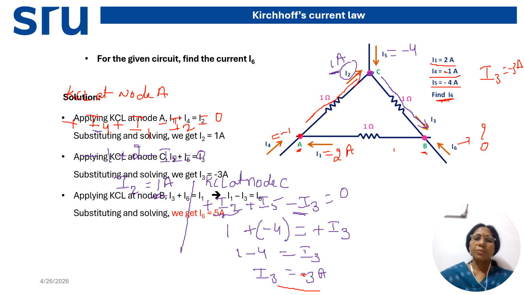Okay. Now, if this is minus 3 ampere, then what should be the value of I6? For that I have to apply KCL at node B. Okay. Now here I am writing this equation with the green color. Now KCL at node B. Now look at this I1. I1 is like this.